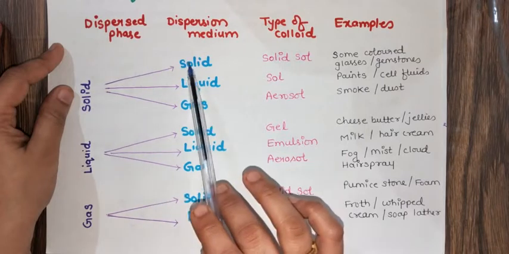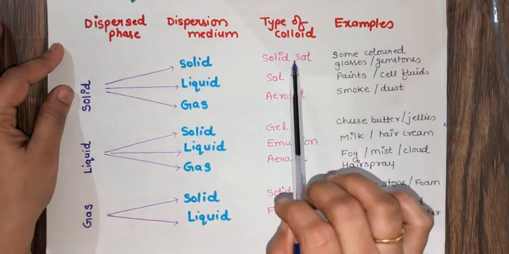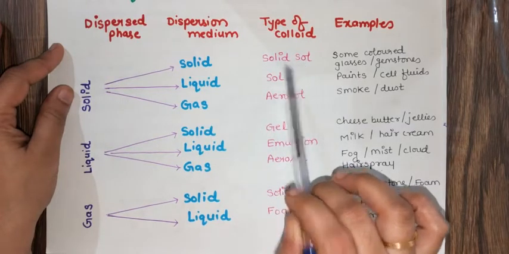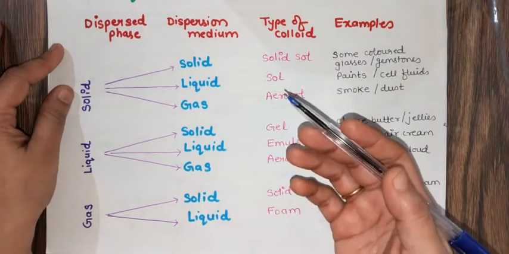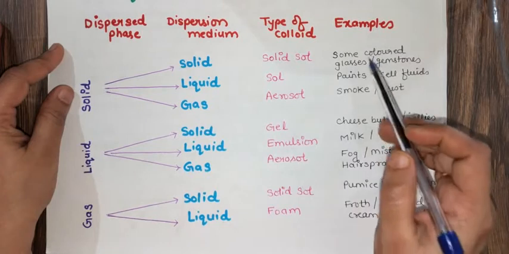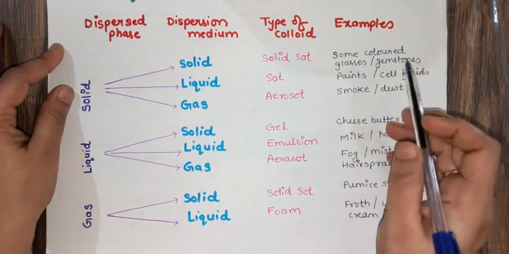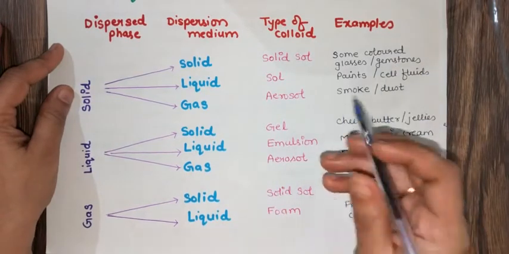Both phases are present in solid form. Then the type of colloid formed is known as solid sol. Solid sols are colloidal solutions in which colored glasses or gemstones are the examples. Both are present in the solid form.